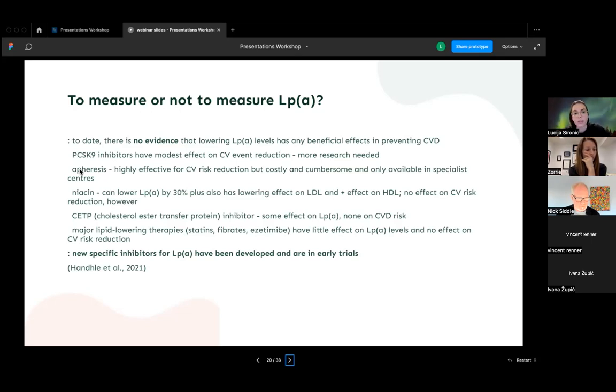But obviously it's not something that is available to all, currently only available in specialist centers and quite costly. All of the other pharmacological agents can bring LPA levels down, but won't really have an effect on your risk of cardiovascular disease incidence. There are some new pharmacological agents being developed, so we probably need to wait for those.